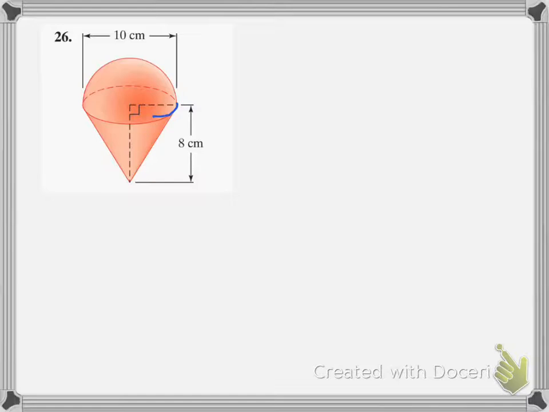So the total volume is going to be the volume of the cone plus the volume of the hemisphere. Well, let's work on those separately.